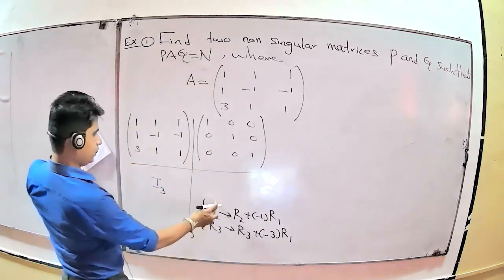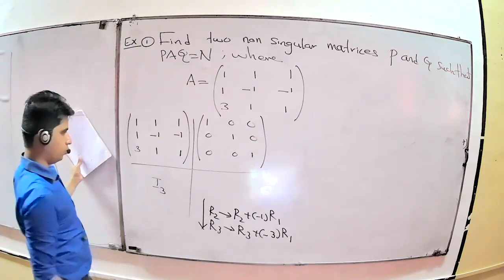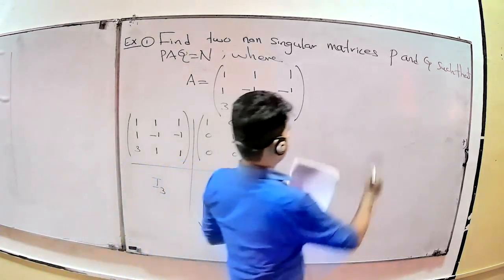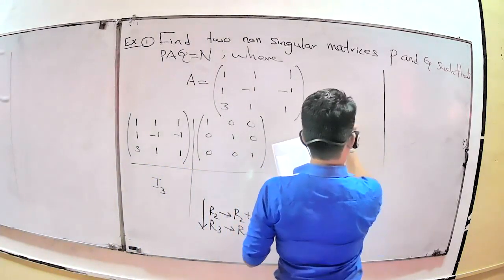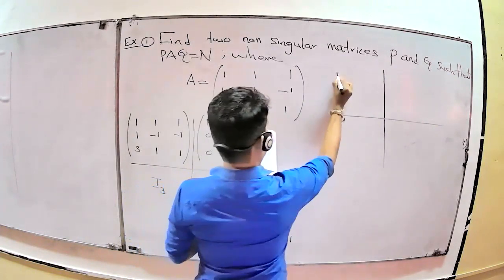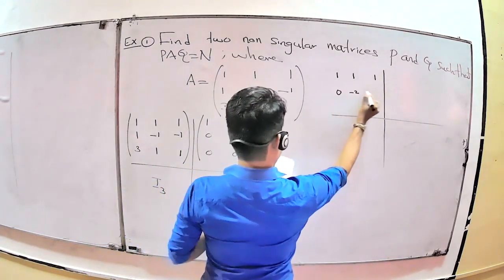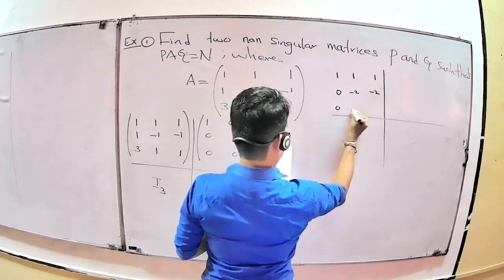Suppose you do these two operations, then you get 0 values here and here also. Then you get 1 1 1, 0 minus 2 minus 2, 0 minus 2 minus 2.